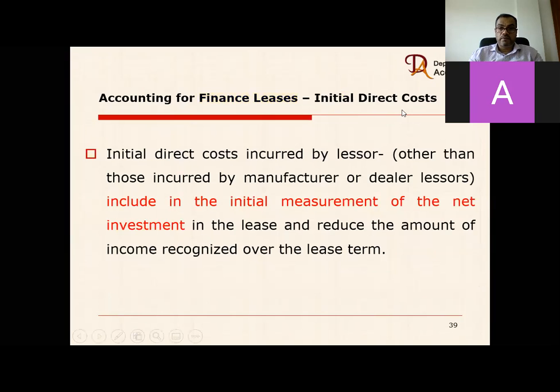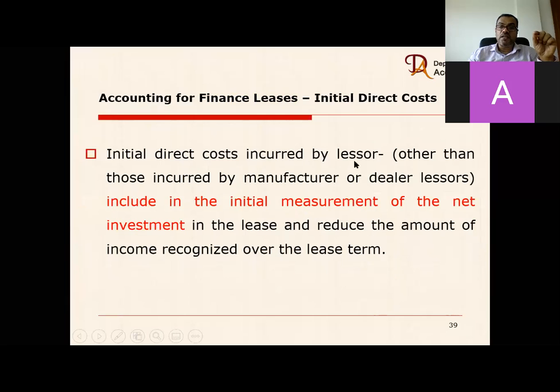However, if there is a direct cost, in the case of the lessee, remember direct costs were added to the cost of the asset, and then we depreciate. But in the case of the lessor, initial direct costs are not recognized as part of the asset.